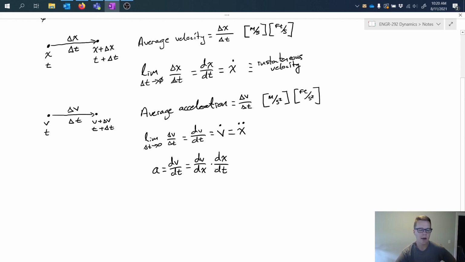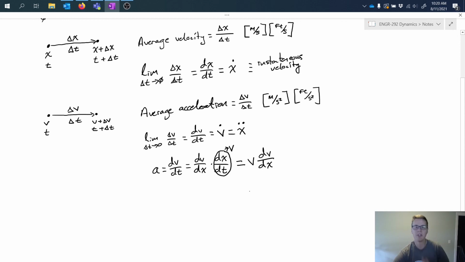But the reason I might want to do this is because I can recognize that dx by dt over here is just velocity, right? If I recognize that dx by dt is velocity, I can rewrite this expression as v dv by dx.